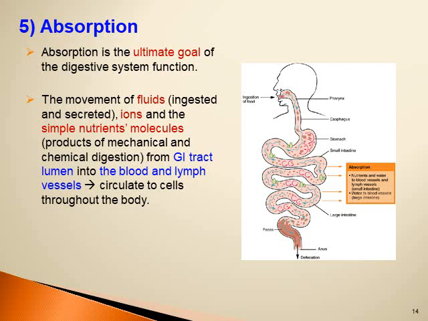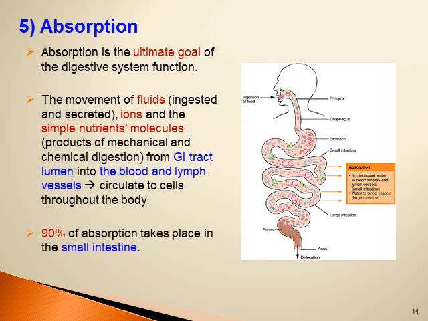These are the products of mechanical and chemical digestion, moving from the GIT lumen into the blood and lymph vessels. This is the process of absorption. So these fluids, ions, and simple molecules will move from the lumen of the alimentary canal into the blood and lymph vessels, and then these nutrients, fluids, and ions will circulate to the cells throughout the body.